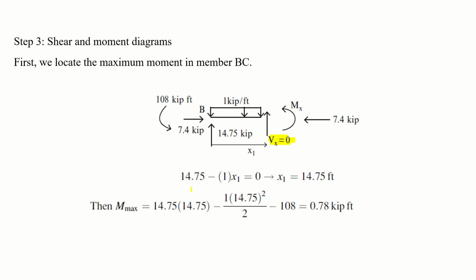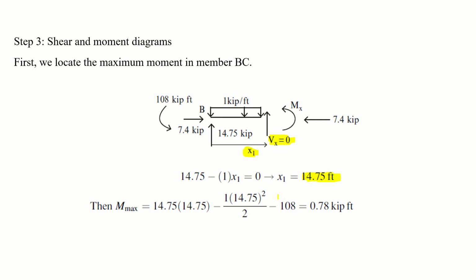So 14.75 is your reaction at point B, minus 1 into x, since we don't know the distance where the shear force will be 0, is equal to 0, and x will be equal to 14.75. So at a distance of 14.75 from support B, there will be a 0 shear force and maximum bending moment.